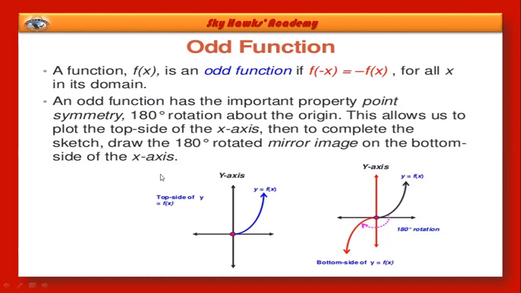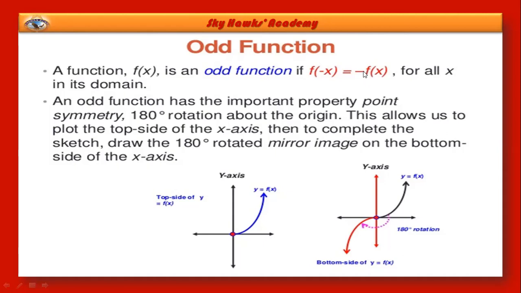Now from here, the difference is that if a function f of x is given and it is an odd function, then if we replace x with negative x, the minus comes out of the function.